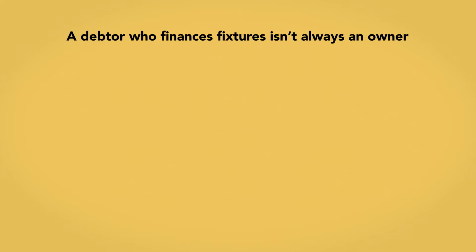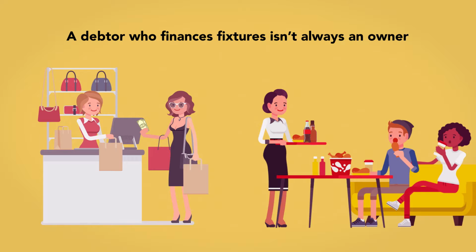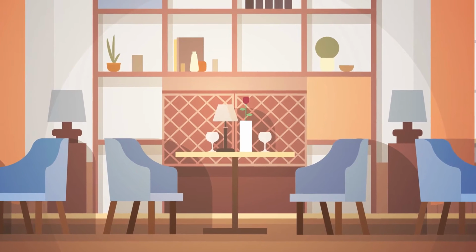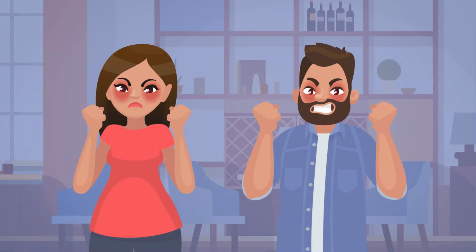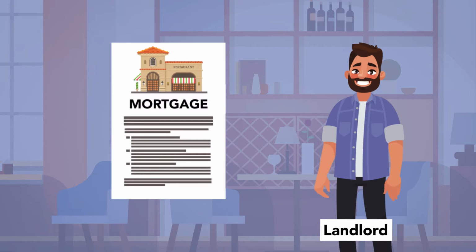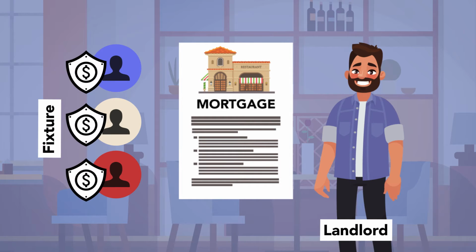A debtor who finances fixtures isn't always an owner. Lessees of all kinds, including retail stores and restaurants, often borrow money to fund the installation of fixtures to open or renovate their businesses. This creates a conflict with the owner of the property, the landlord. If the landlord has a mortgage, then there are at least 3 parties with interest in the real property now subject to a security interest in the fixture.